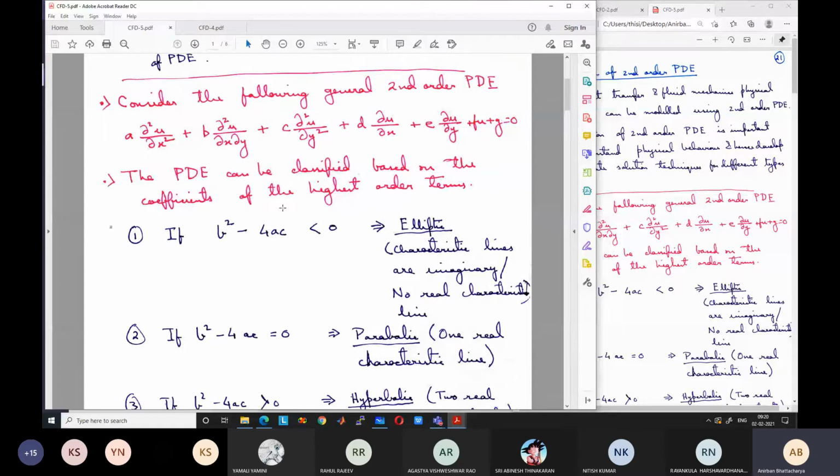What happens is that when you are trying to find the discontinuity for the second order derivatives, what you are actually trying to find are locations where the solution for the second order derivatives does not exist.